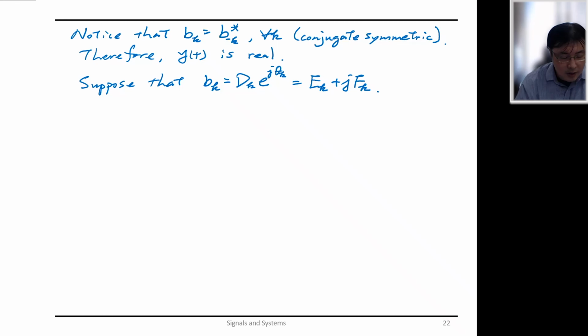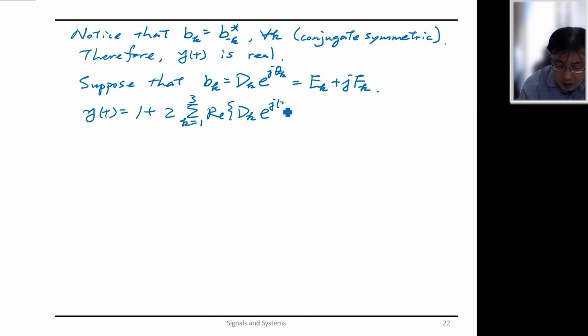Now, since b_k is equal to the complex conjugate of b minus k, this y of t can be represented in a more compact form, equal to 1 plus 2 times the summation k from 1 to 3 of the real part of d_k e to the j (2 pi k t plus theta k).